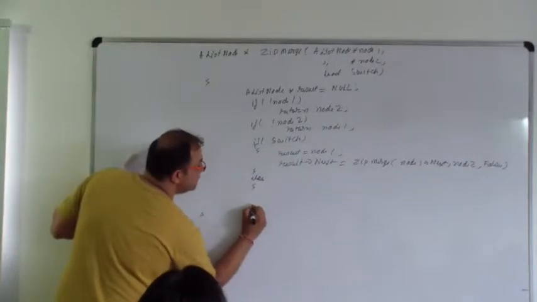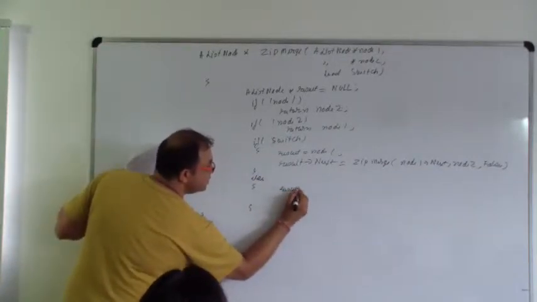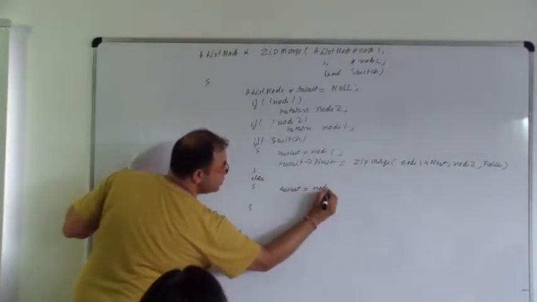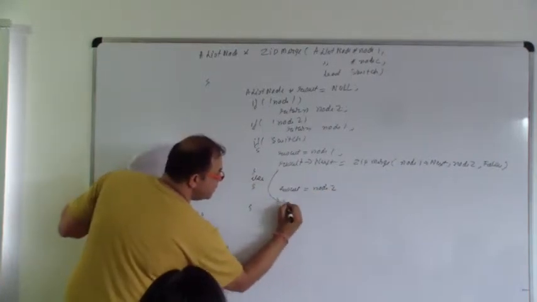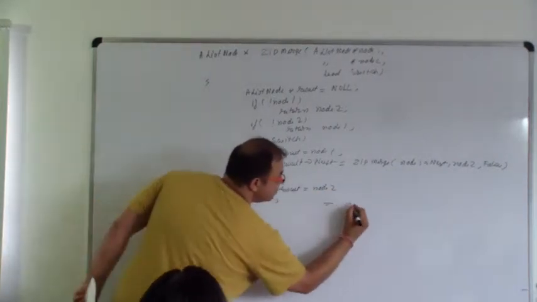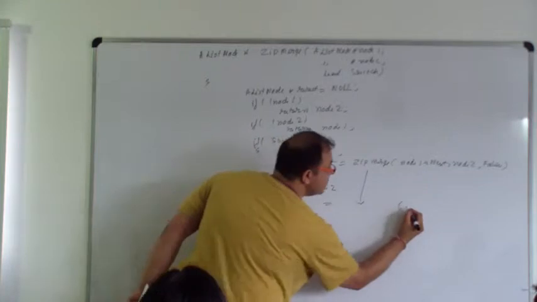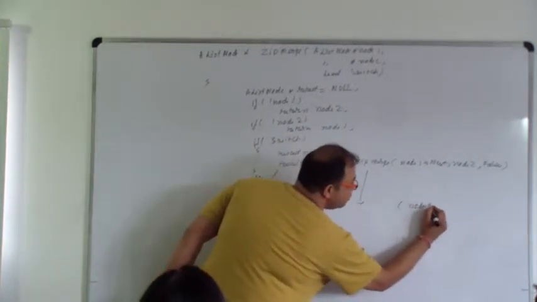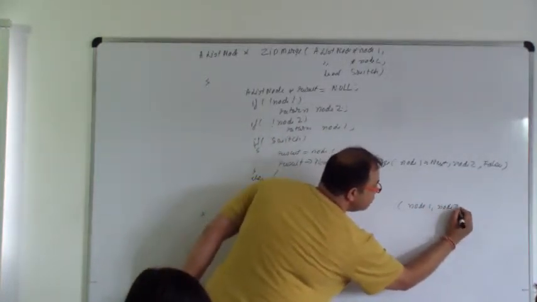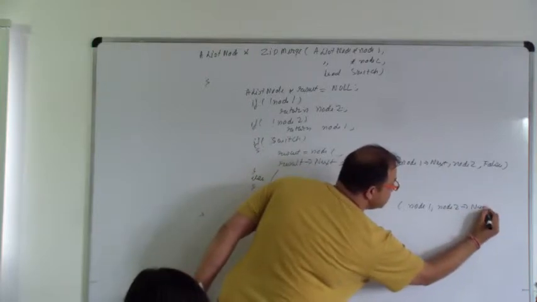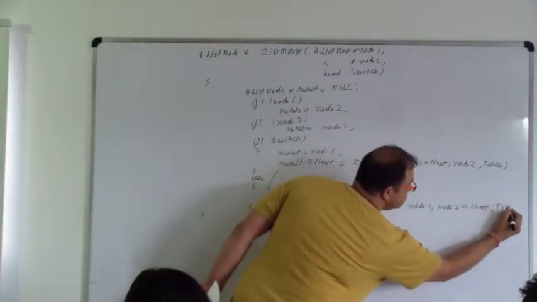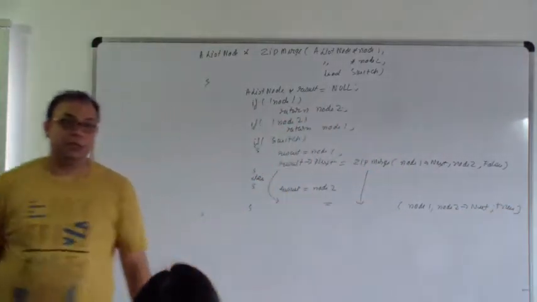Else, result is equal to node2, result arrow next is equal to zipMerge node1, node2 arrow next, true.